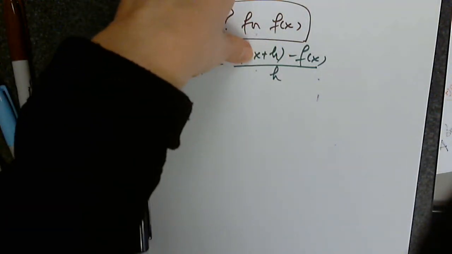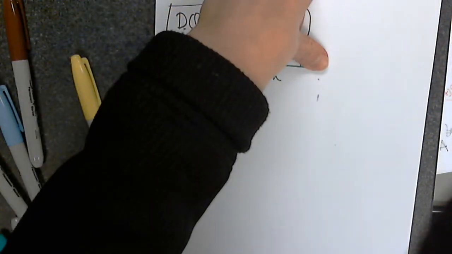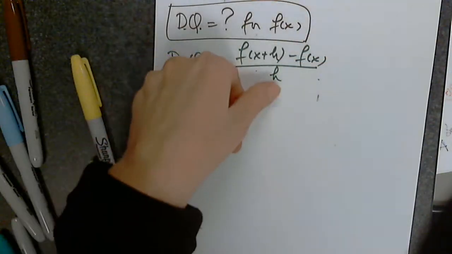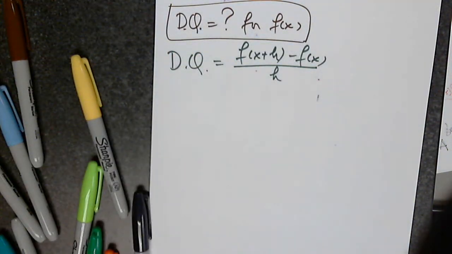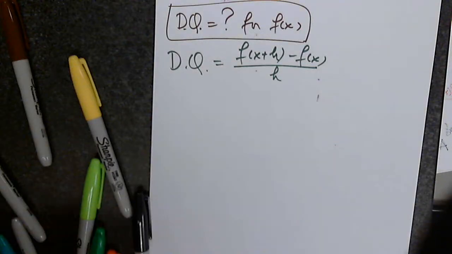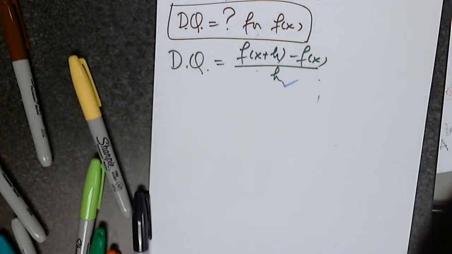F of x plus h, that's one piece. The second piece is f of x, and the third piece is h. H, I cannot do anything to it. That's it. H is h. H is given. Which of those pieces do I have, and the third one I don't?